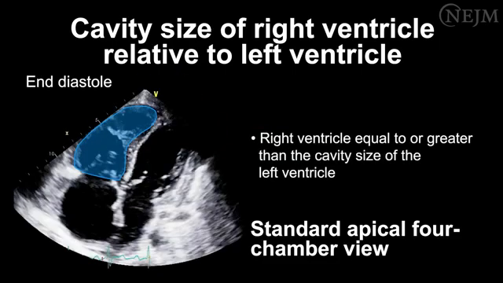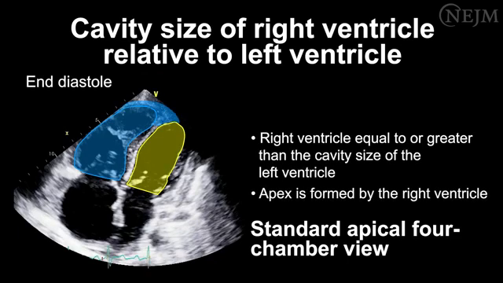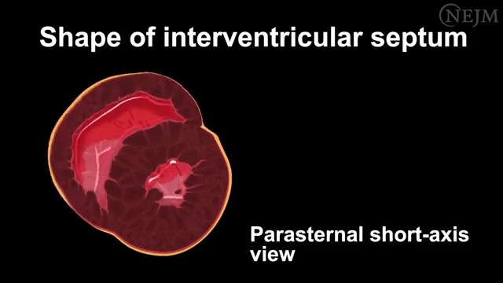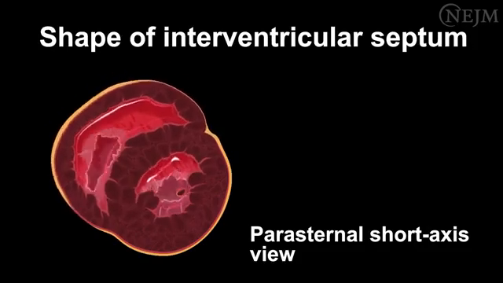When the size of the right ventricular cavity is equal to or greater than the size of the left ventricular cavity, and the apex is formed by the right ventricle, then the right ventricular cavity is enlarged, indicating excessively increased loading conditions.